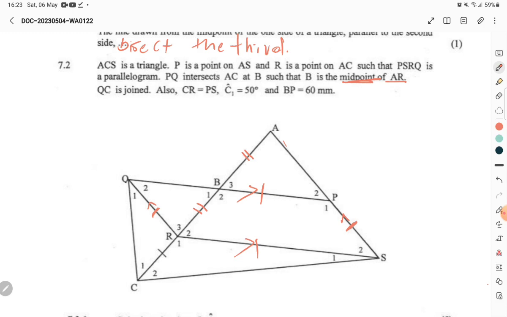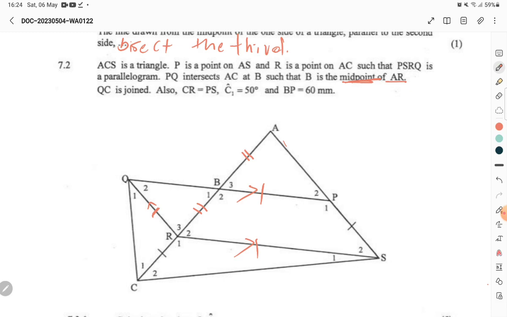Coming to this one, QC is joined. Also it is given that CR is equal to PS. So this side is equal to that side, and we can see the notation in the diagram that this line is equal to this side.